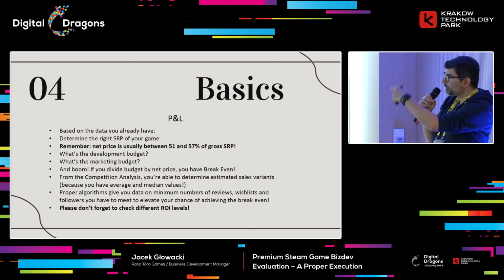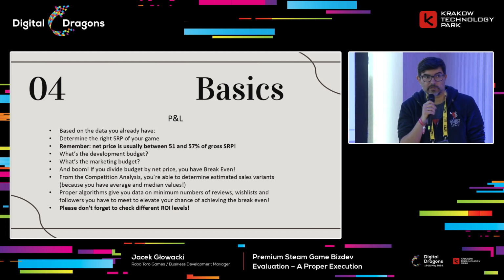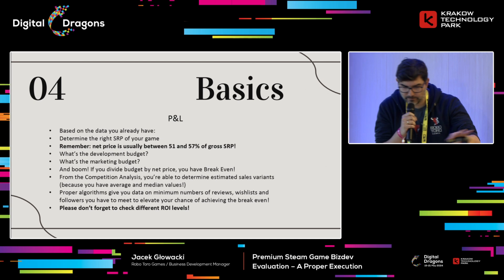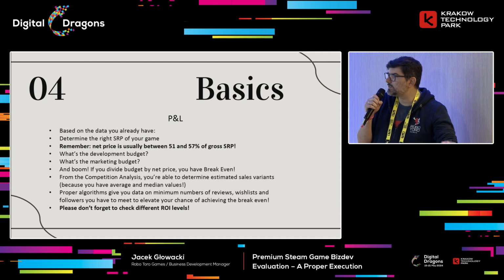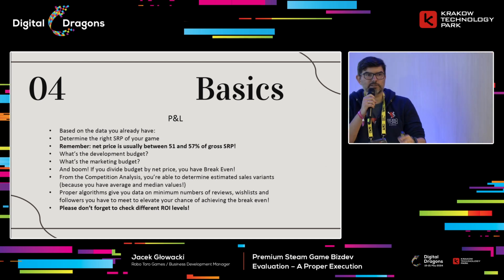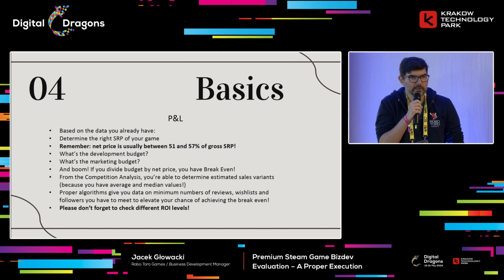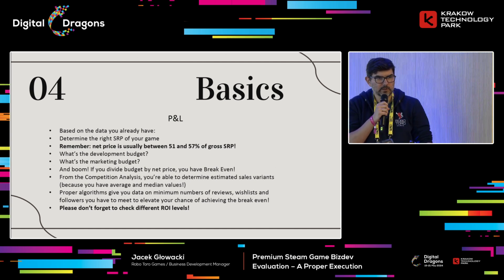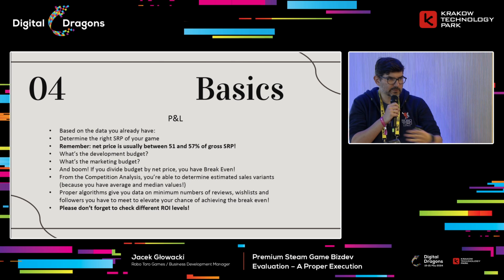Now, from the competition analysis, we are able to determine estimated sales variance because we have average and median values. So we can create, in the most basic way, at least 3 sales variants, right? The positive will always be based on average. The negative will always be based on median, because it will be the lowest.